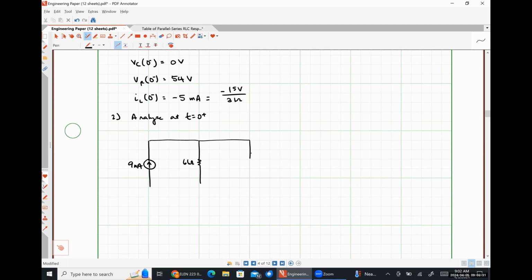So we know that our inductor current is supposed to be negative 5 milliamps direction down. So I'm just going to put that here, negative 5 milliamps, so we could call that 5 milliamps up, and then I'm going to call this IL at 0 plus.